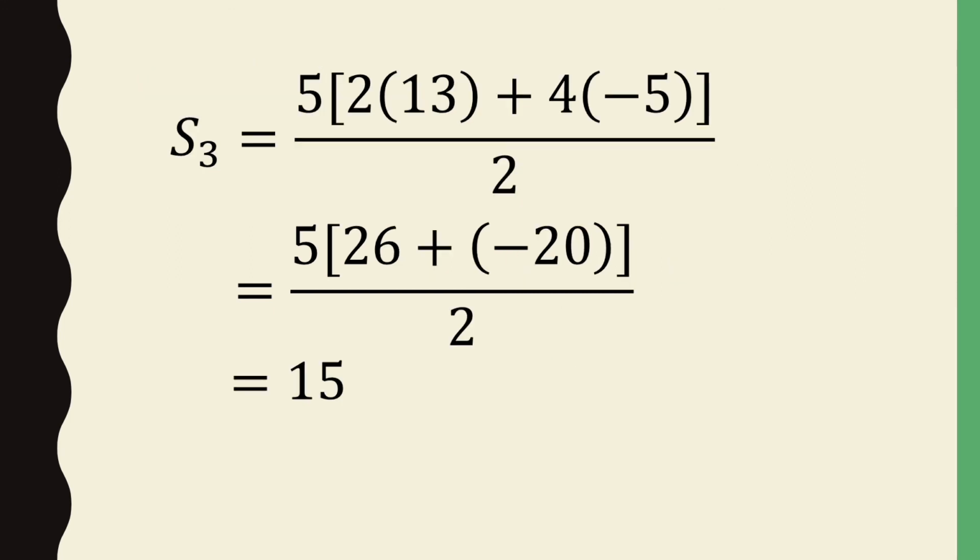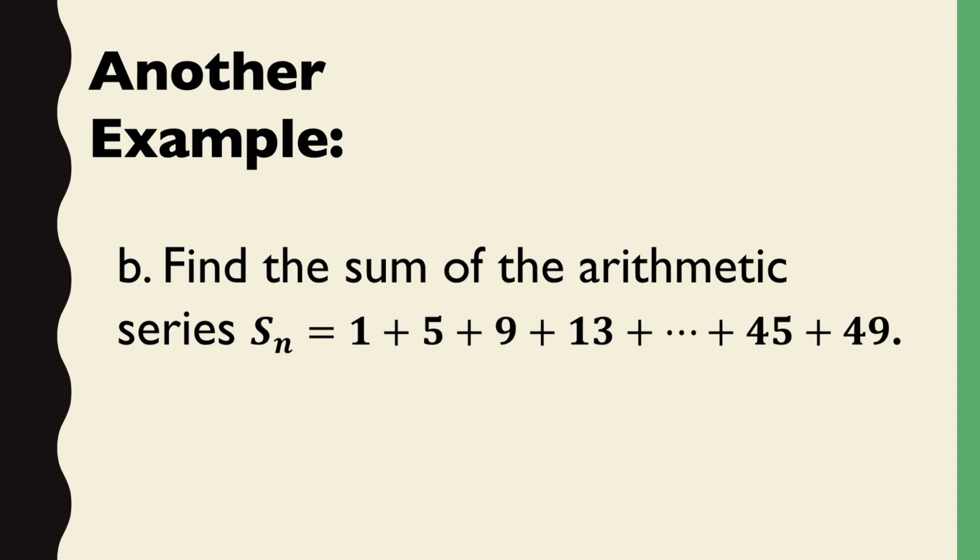We get 5 times the quantity of 2 times negative 13 plus 4 times negative 5 over 2. Let's simplify. So, 5 times the quantity of negative 26 plus negative 20 over 2. So, S sub 5 is equal to negative 115.